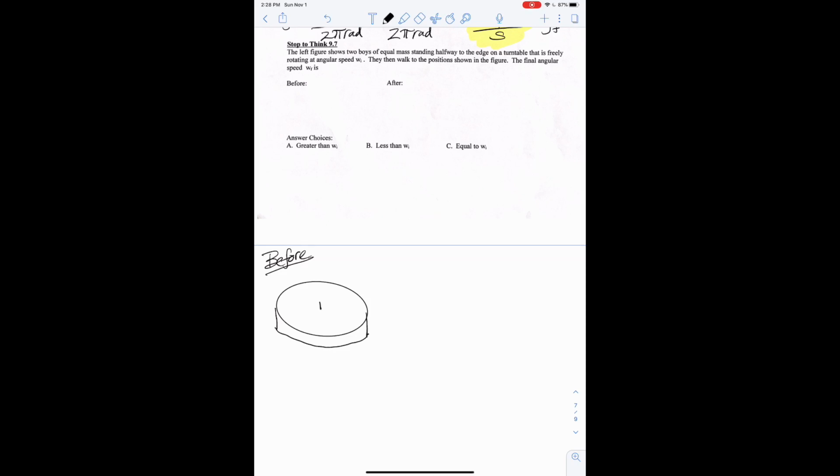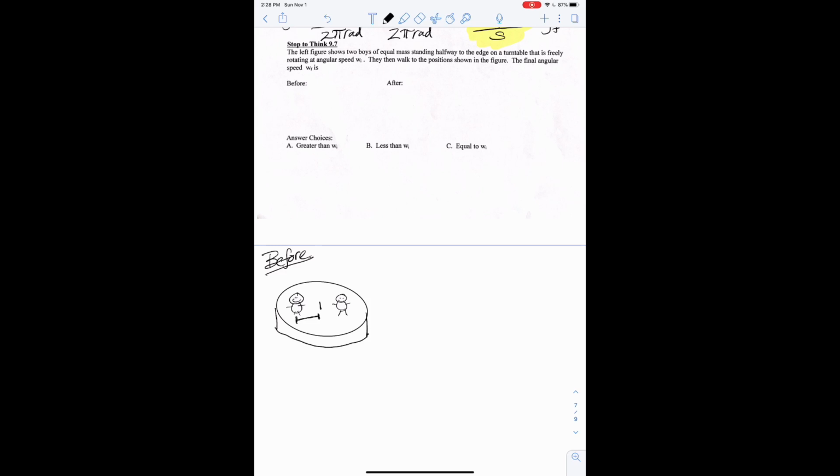And I'll put an axis of rotation right in the middle. It says that the two individuals are standing like so. Now I'm going to give this a numerical value, I'm going to call it R. Now I'm just arbitrarily calling this distance R. R is usually the full length of the radius, right?